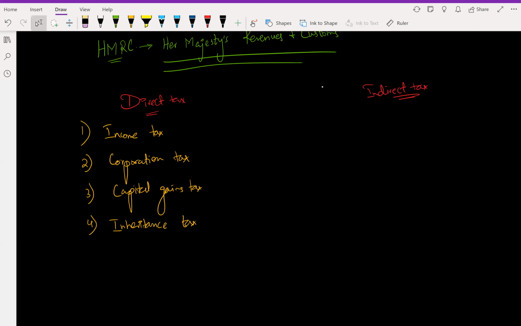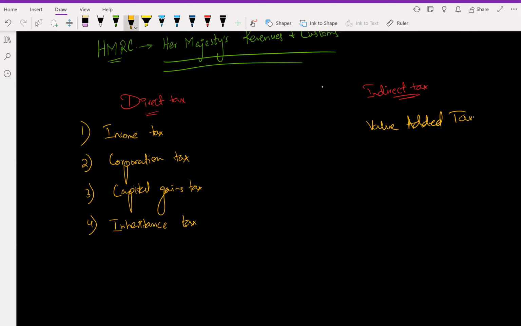These are a few examples of direct taxes that you have in the UK. For indirect tax, you have value added tax mainly as a form of indirect tax.